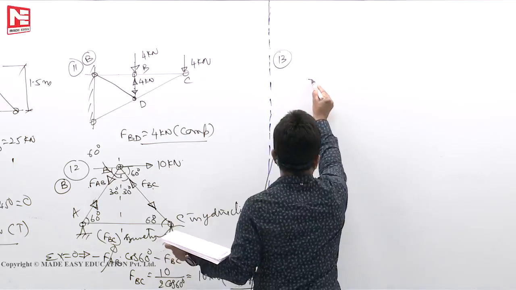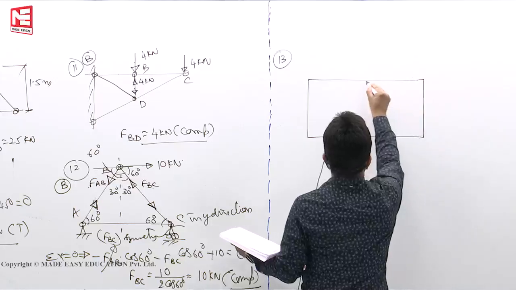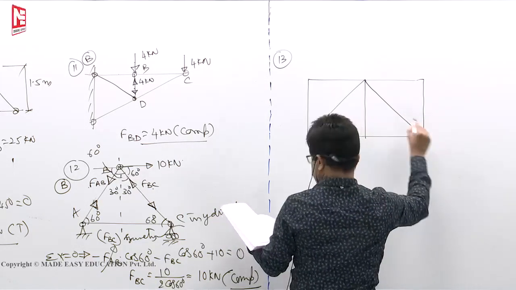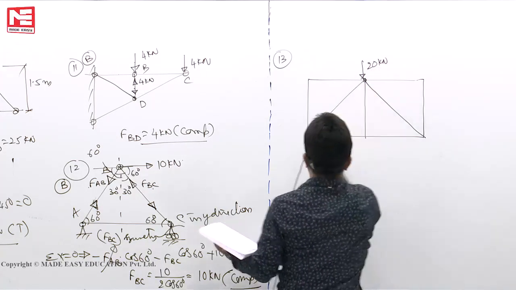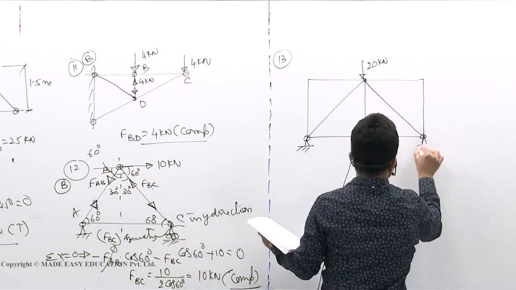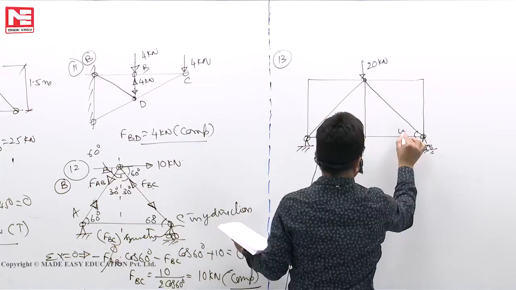Let us see how to resolve the issue quickly. This is the problem. 2 forces are like this. Here 20. Here it is hinge. Here it is roller. 2 meters means 45 degrees.